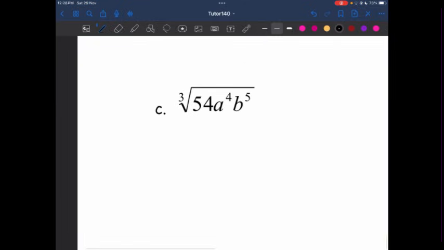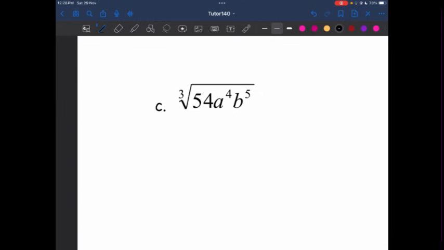Now, similar to what I was saying, we're going to want to break these things up. So 54, I had to find a number, a perfect cube exactly, that is a factor of 54.